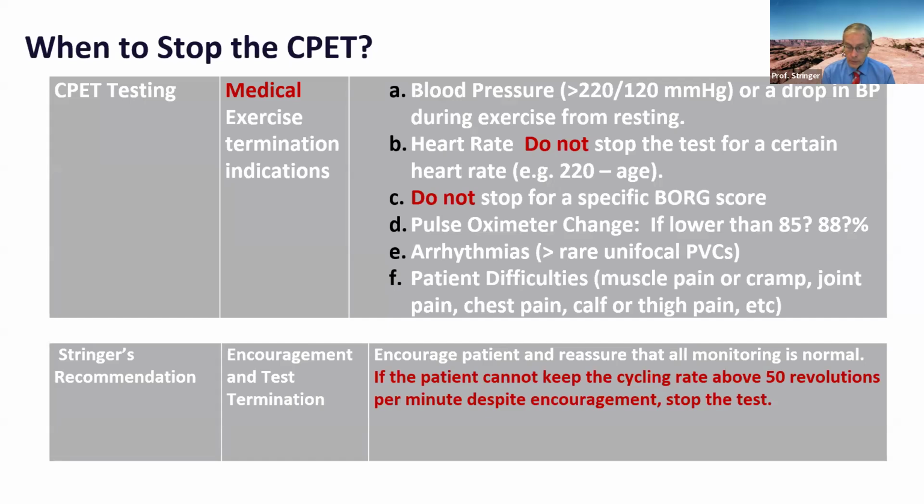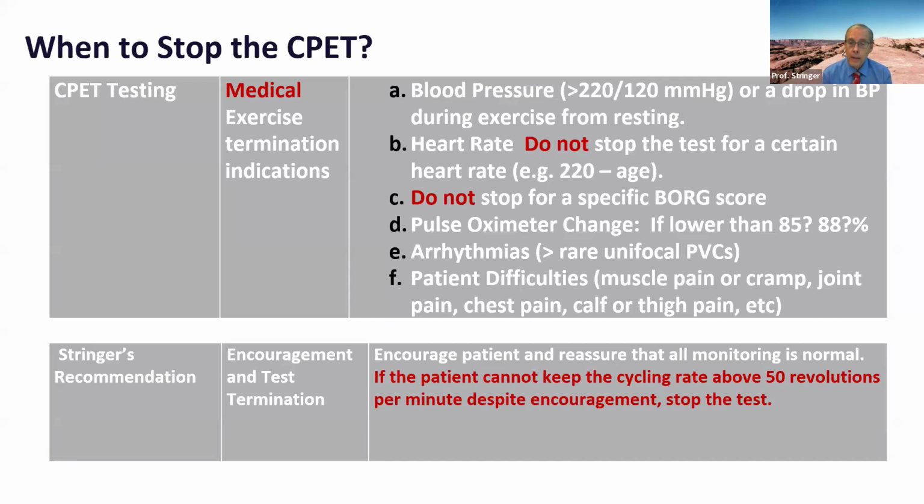I would look at the prior studies to see what their saturation did. But below 85%, you're on thin ice, and something may happen that's not good for the patient. So 85% is probably a good number. If they sustain that over a short period of time, 30 to 60 seconds, I probably would stop the test. Otherwise, they could go down further and they might stay down.